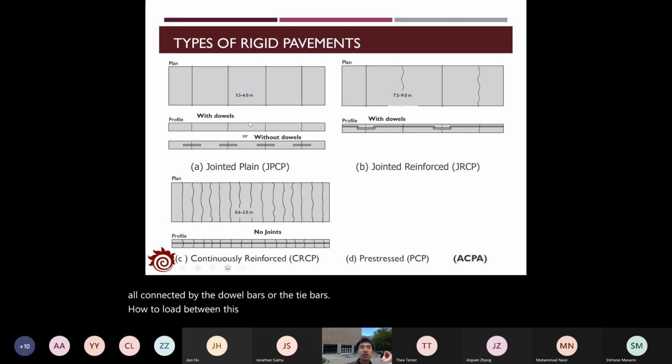But this kind of design does not have any reinforcement inside each PCC slab. In that sense, this will actually cause some issues about the distress in the middle of the PCC slab.